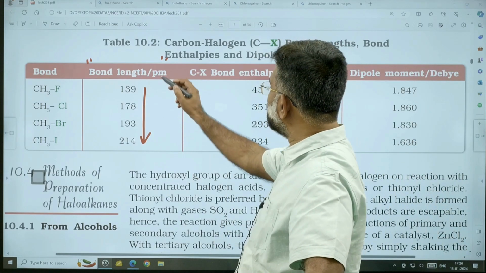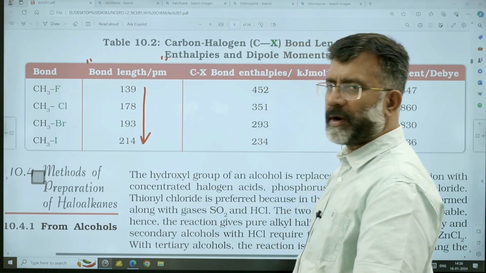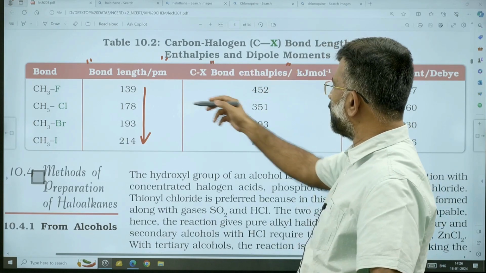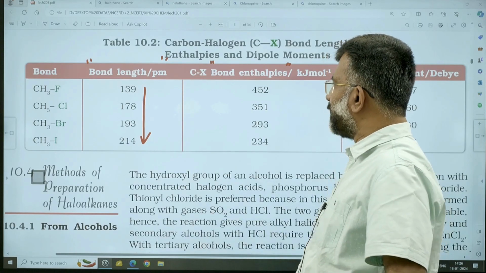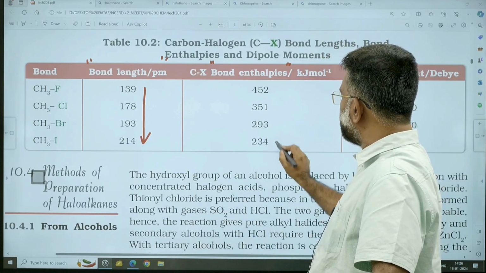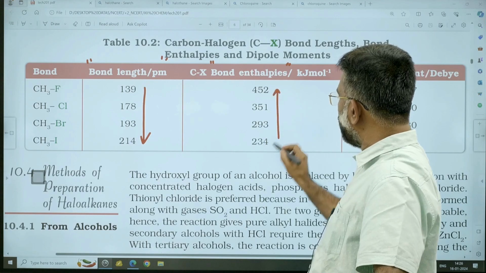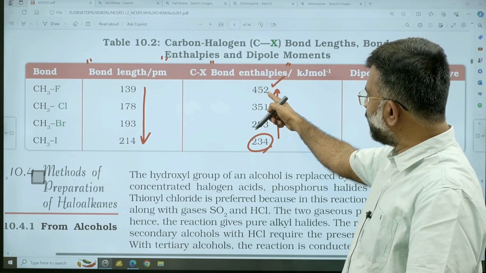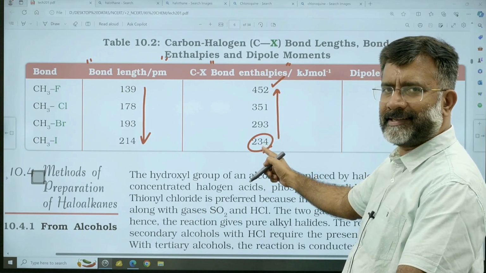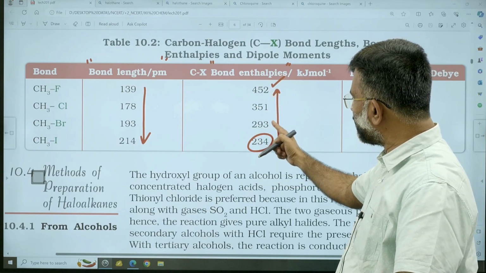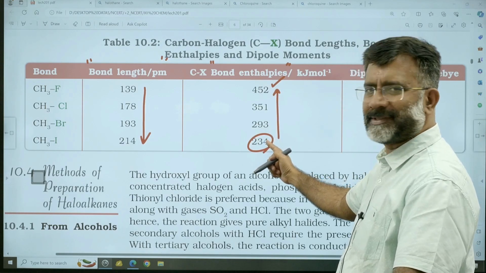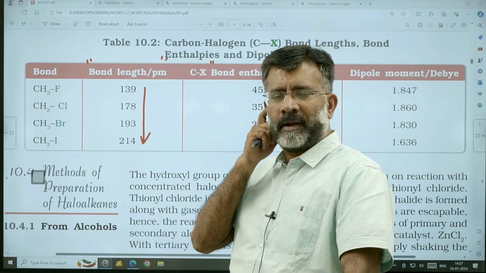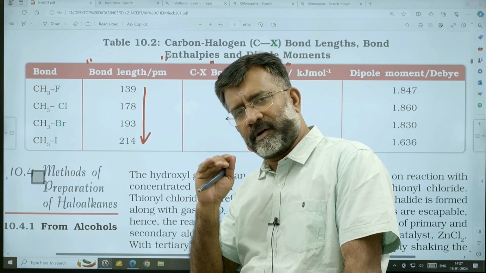Naturally, as bond length increases, bond enthalpy decreases: minimum for iodide and maximum for fluoride. The 450, 350, 300, 230 range in kilojoules per mole comes for fluoride, chloride, bromide, iodide.